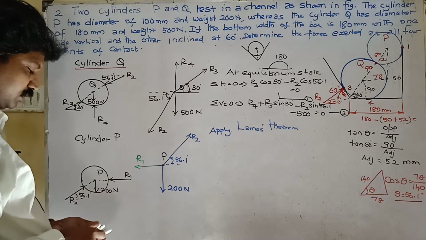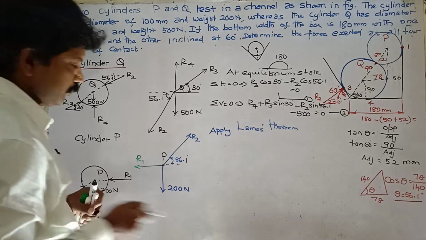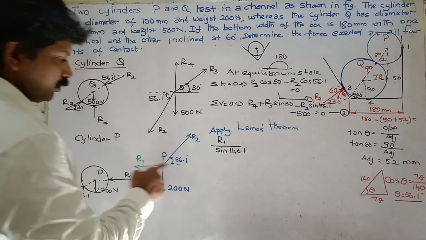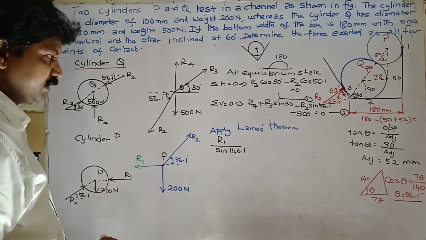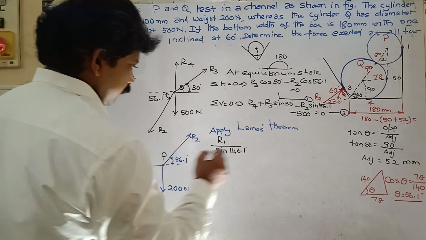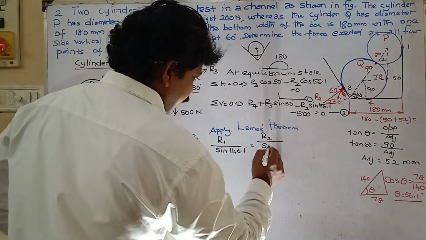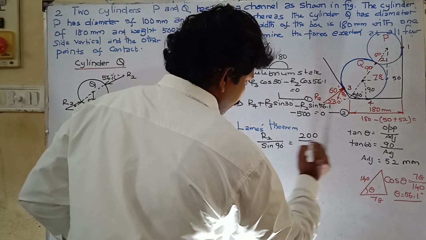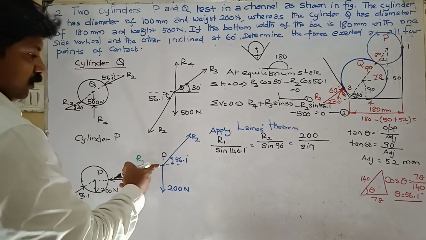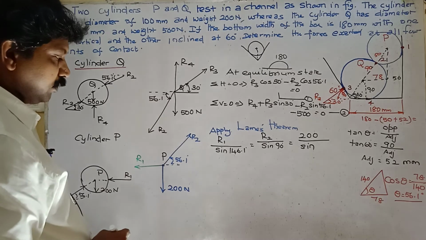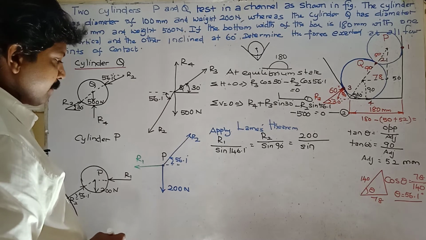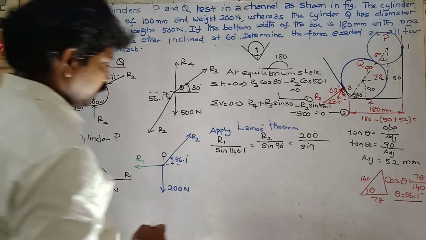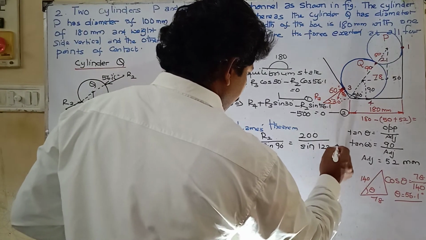R1 divided by sine 146.1 degrees, which is the opposite angle 90 plus 56.1, equals R2 divided by sine 90, equals 200 divided by sine of 180 minus 56.1, which is 123.9 degrees.